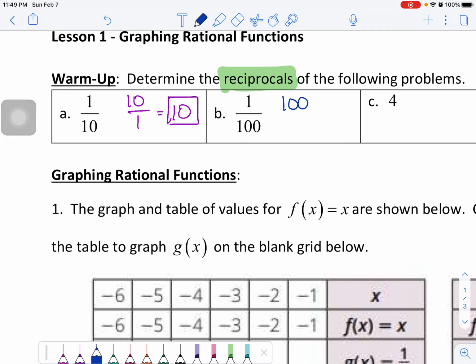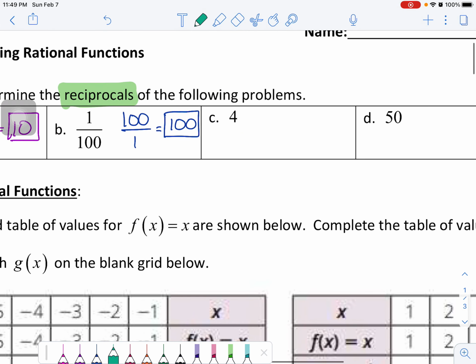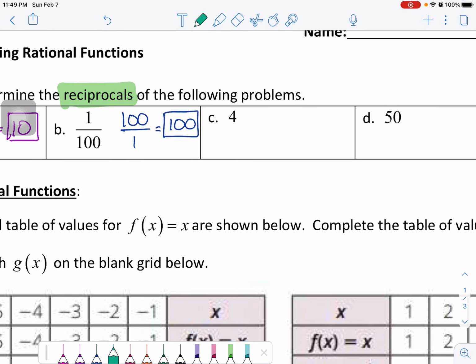Part B, go ahead and flip that fraction over. The reciprocal will be 100 over 1, which, again, if I just take 100 divided by 1, I just get 100. All right. How about part C, which is number 4? Now, when I say flip the fraction over, you might look at part C and say, there is no fraction. You're right.